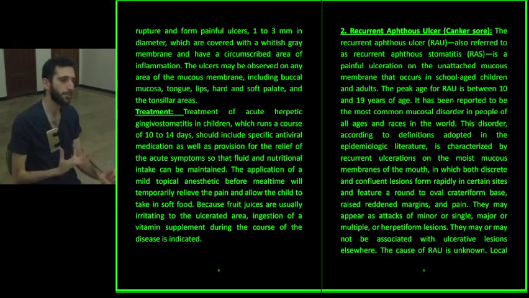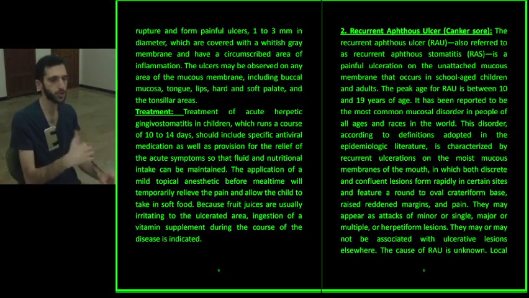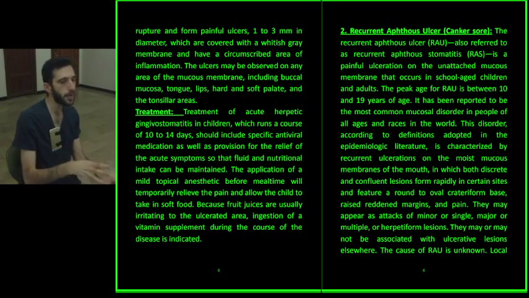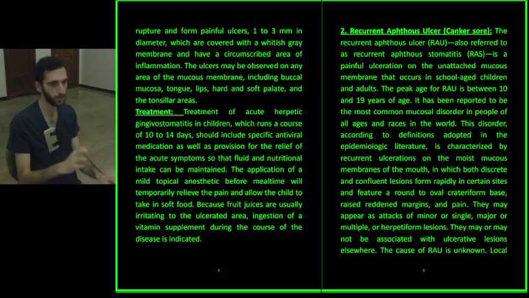Now it is happening all over the mucous membrane of the mouth, in which both discrete and confluent lesions form rapidly in certain sites and feature a round to oval crateriform base, raised reddened margins, and pain. They may appear as attacks of minor or single, major or multiple, or herpetiform lesions. They may or may not be associated with ulcerative lesions elsewhere.